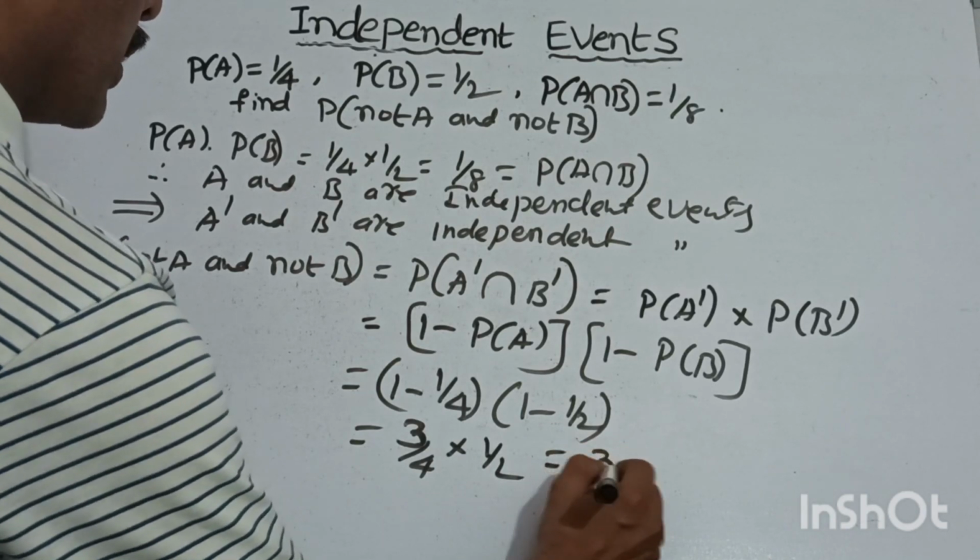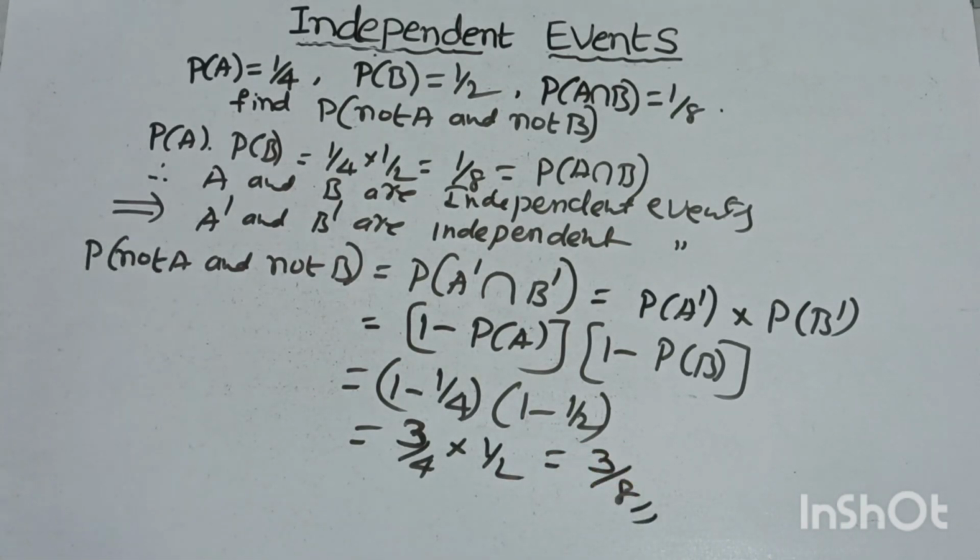So this is 3 by 8. Probability of not A and not B is 3 by 8.